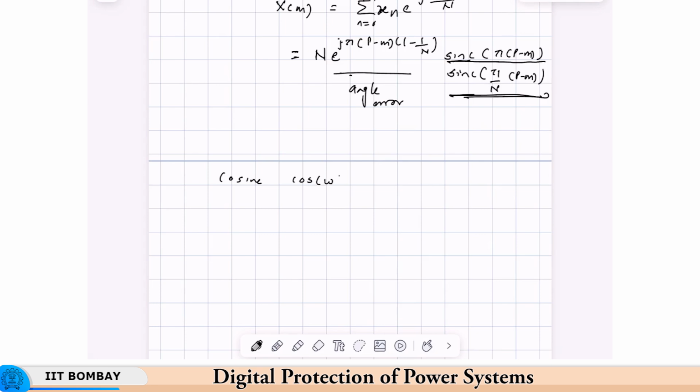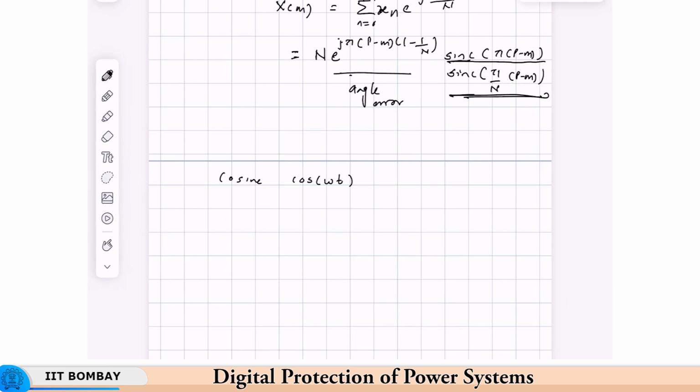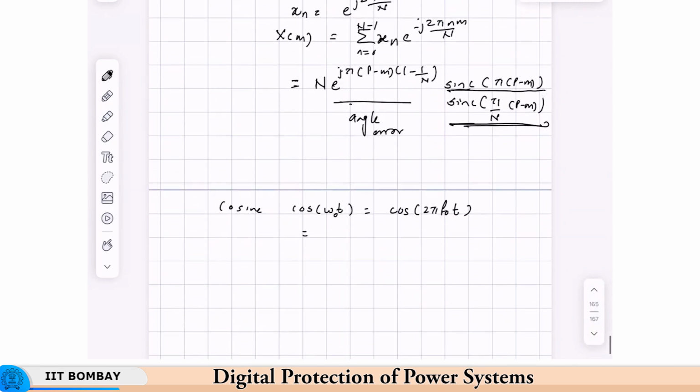So we have simply assumed a unit magnitude and cosine of omega naught t, which is cos of 2 pi f naught t, and we then wrote it in the exponential form as e raised to j omega naught t plus e raised to minus j omega naught t, all divided by 2, and we said that this also introduces the concept of negative frequency.